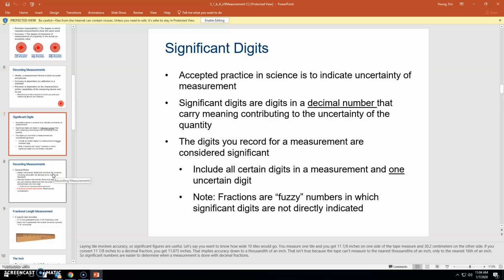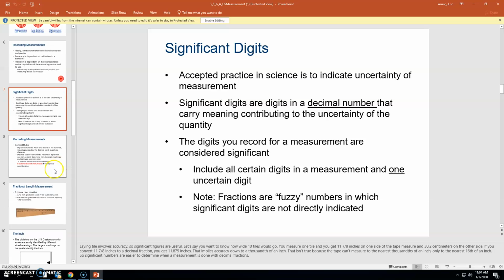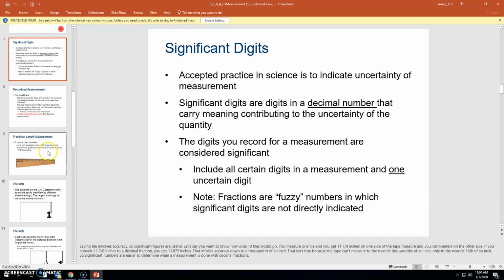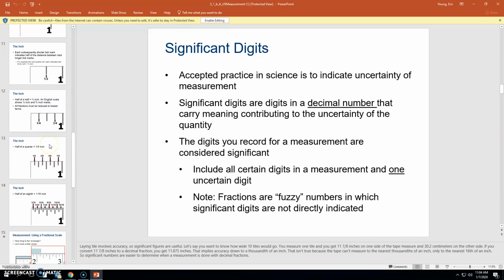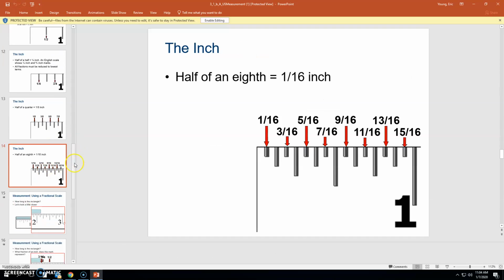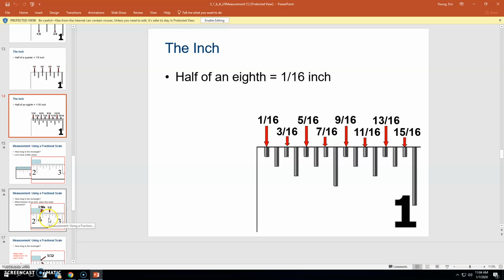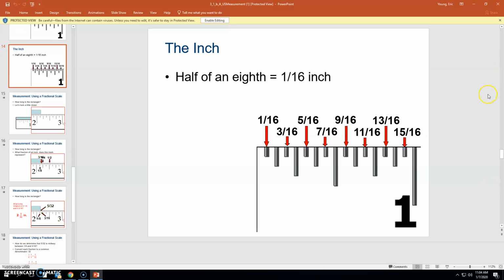So if you had a 1/16 ruler, you could go to the 32nd of an inch. But let's not focus a whole lot on that. Here's what we're talking about, whenever I counted out those 1/16 of an inch marks with you. So anyways, yeah, this is fractional inch measurement.